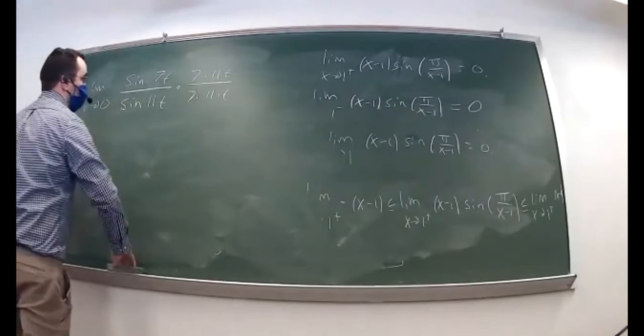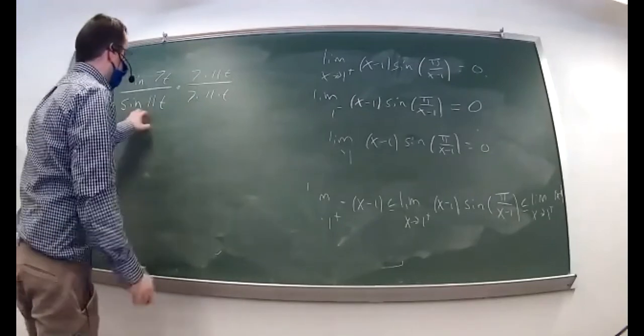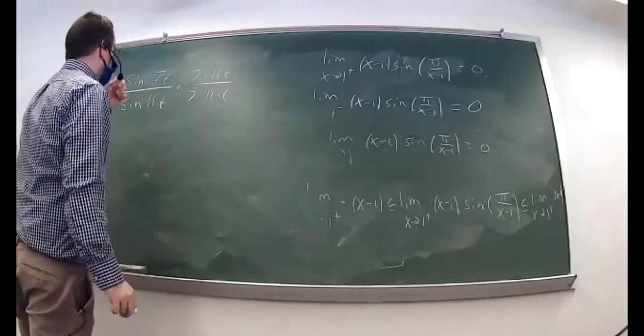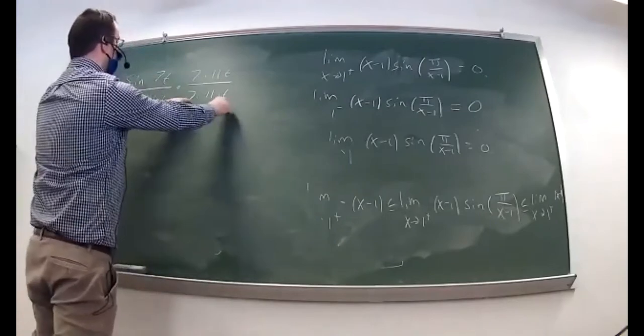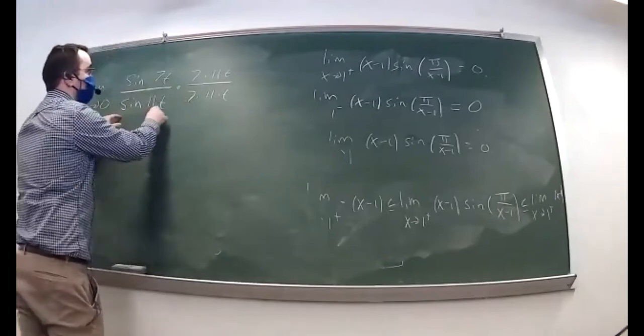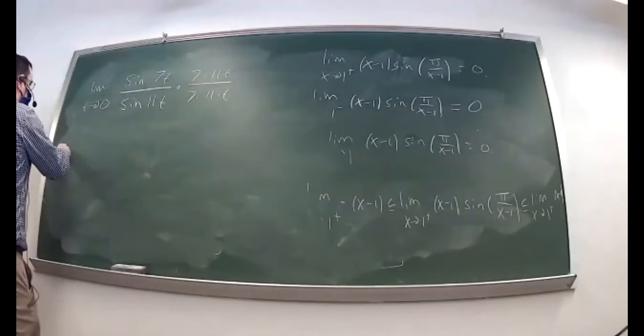But now can I rearrange the terms into something that I can use the limit laws with? And what I'm seeing is if I take sine 7t over 7t and sine 11t under 11t, then those are groupings that might work out for me.